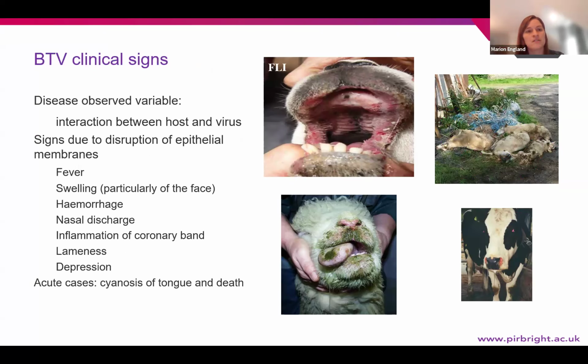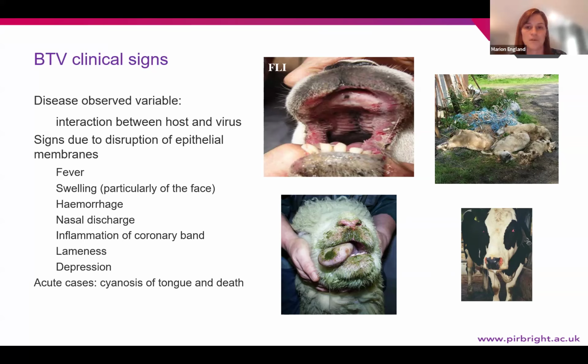So this is what it does. This is clinical signs. The severity and the way that this disease presents is related to an interaction between the host and the virus. So how the virus affects different sheep breeds, different species, but also down to the immunological status of the individual.